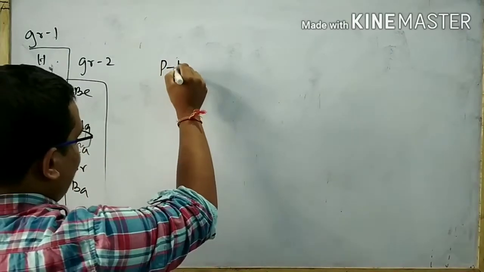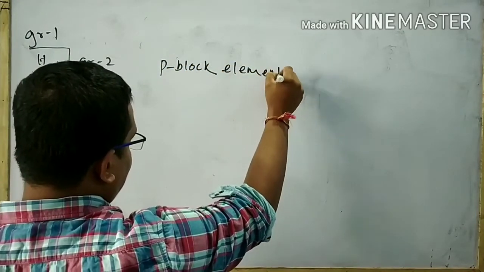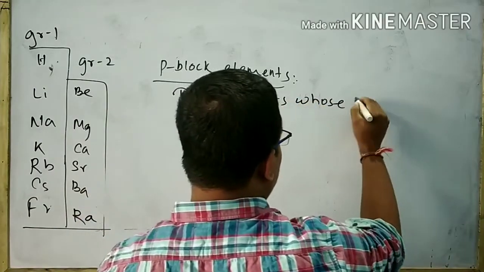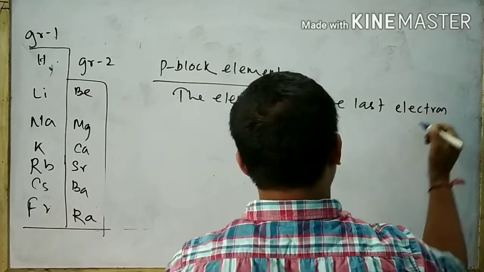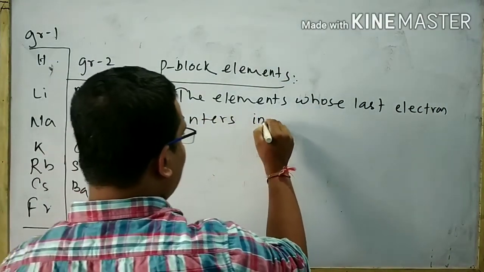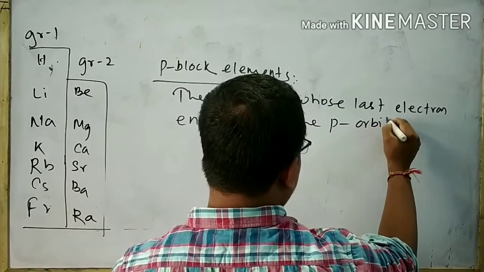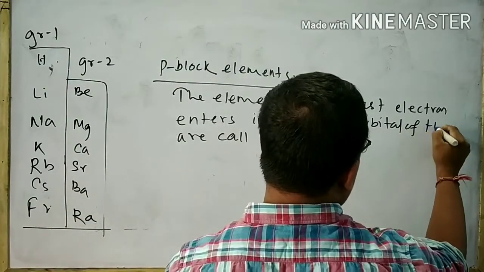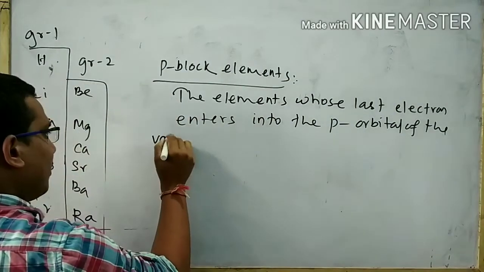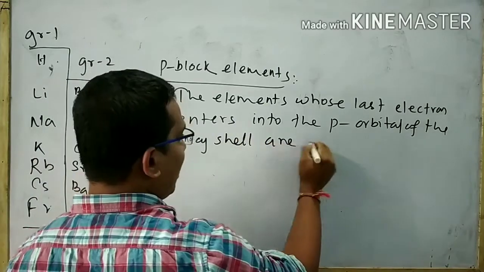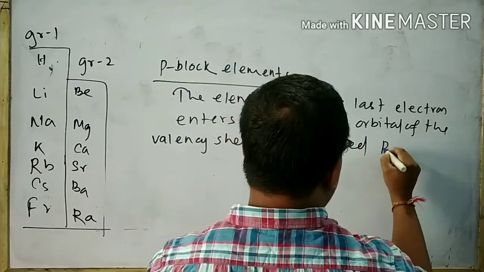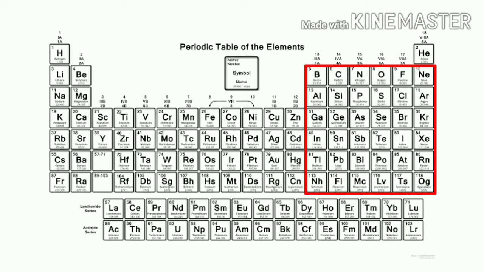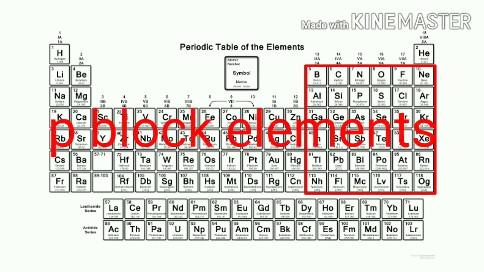We can write the definition of p block elements. The elements whose last electron enters into the p orbital of the valency shell are called p block elements.